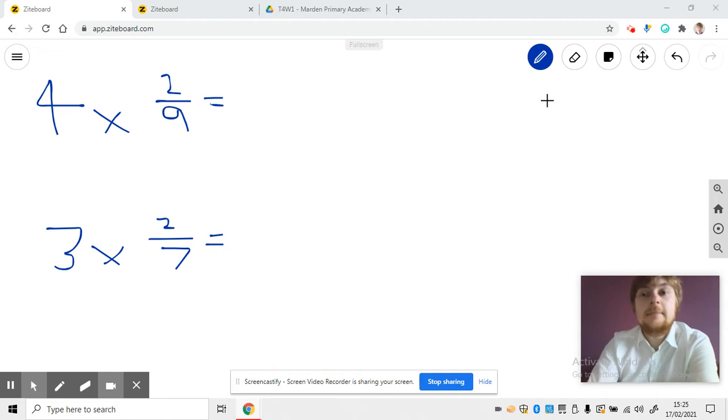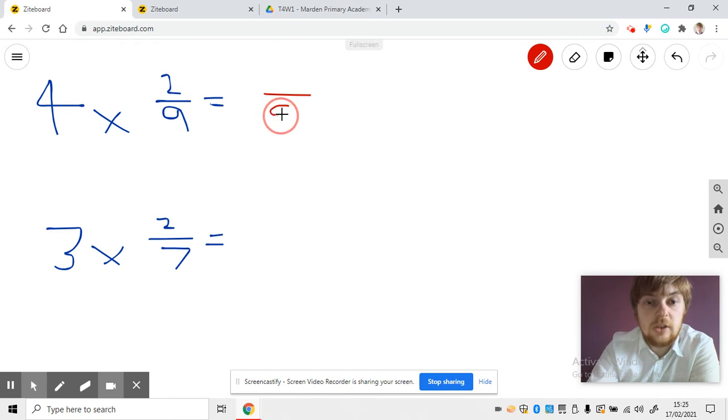So if we remind ourselves of how this works, here we've got 4 multiplied by 2 ninths. We know that we stay within ninths because we're dealing with ninths when multiplying, adding, and subtracting. Then we have to remember we have 2 parts of our whole, and we've got 4 lots of those 2 parts.